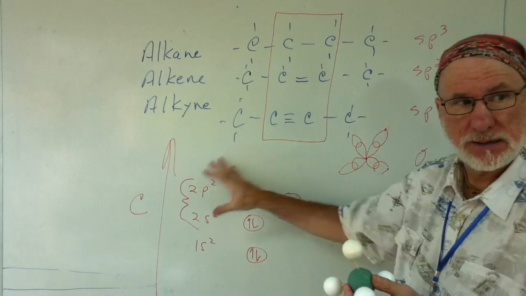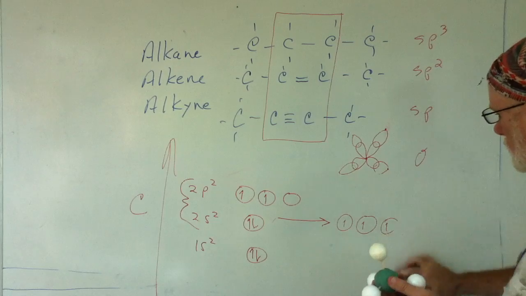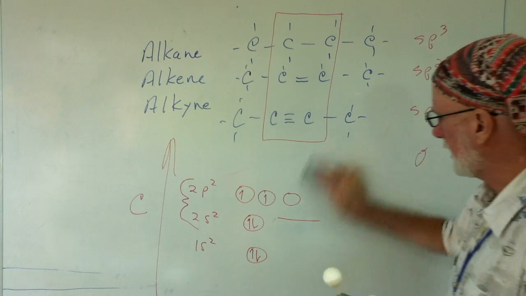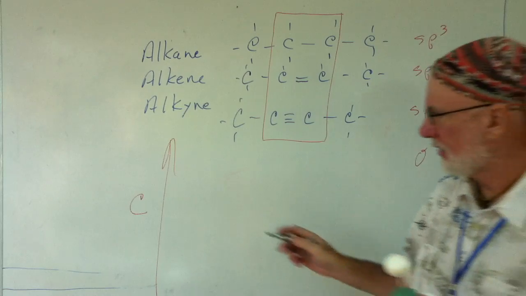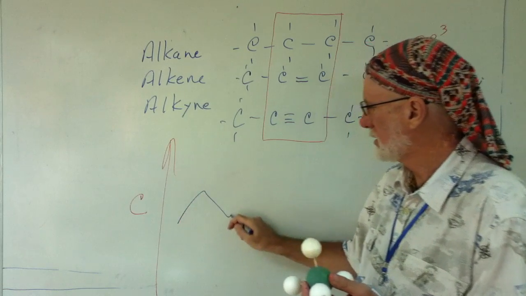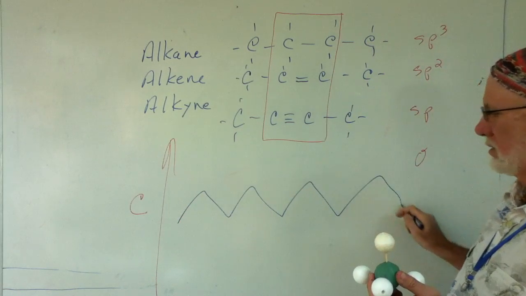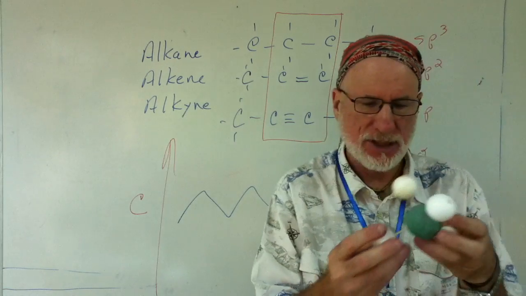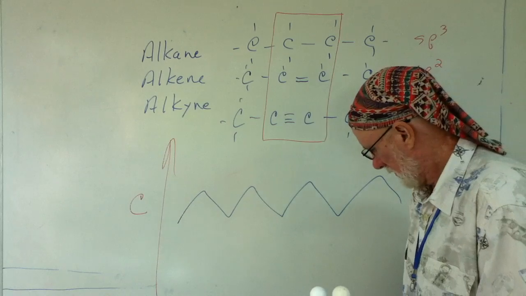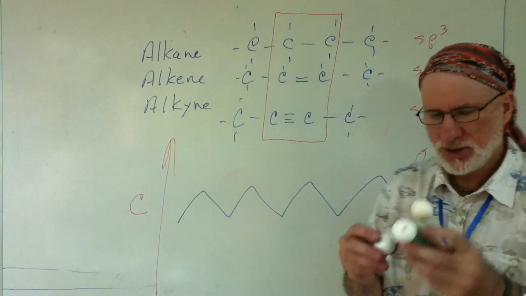Can I get rid of this? Is that okay? So this is what it looks like, and you'll see this when you make this. If you look at the bond angles when you do this yourself, it kind of looks like this. If I put these together in chains, let's say these two are carbon.